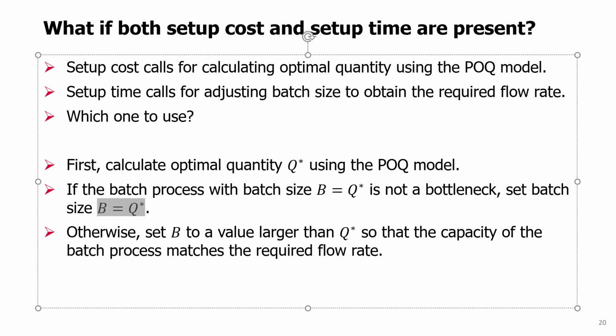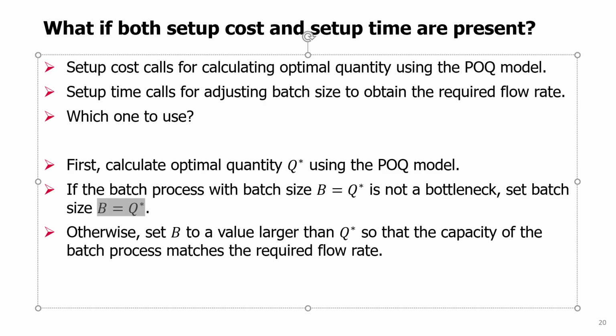The reason for this is, of course, that the cost optimizations in the POQ model are at the local level. So they consider just the local holding and local ordering cost, or batch setup costs in this case, of production setup costs. However, these are usually much smaller than the implications for the overall process. And if you create a bottleneck by setting batch size to a too small value, then you will be perhaps losing some potential revenue that you could otherwise collect if you had a higher production rate, right?